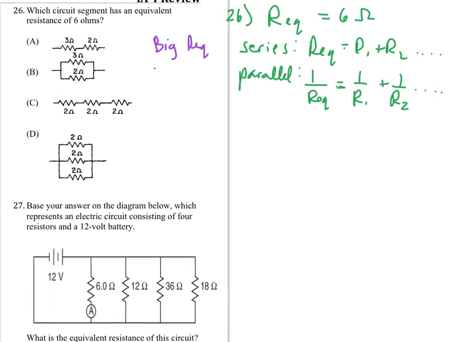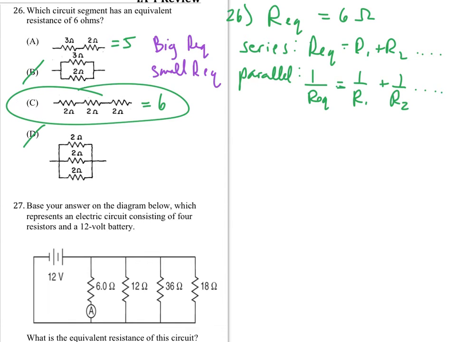In our parallel circuit, we're going to have a small REQ. So if we're looking for 6, we can knock off our choices B and D, the parallel circuits. A and C are series circuits, so we could simply add them up. Choice A is 5. Choice C is 6. Choice C.